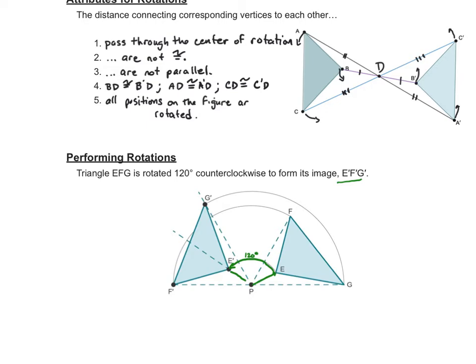As I travel from F to F prime, it too is going to be 120 degrees. And finally, as I go from G to G prime, it is going to be 120 degrees. And if you notice, we are going counterclockwise, so that is going to be positive measurements.